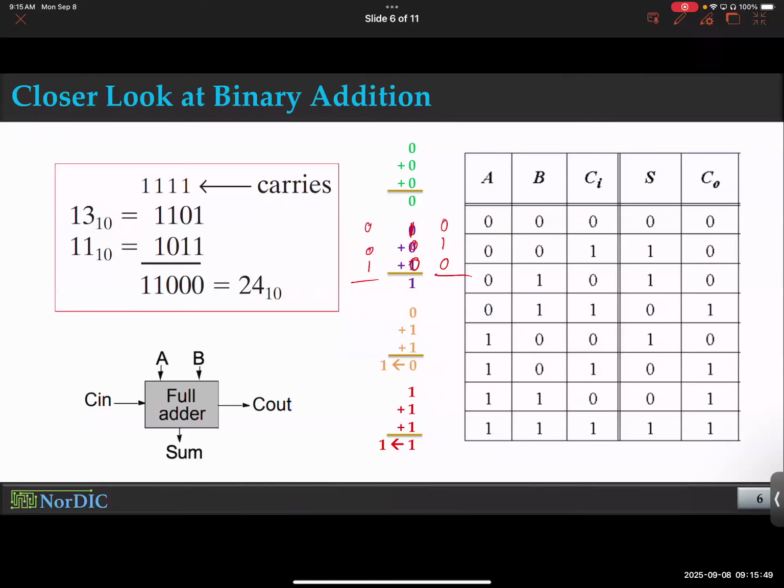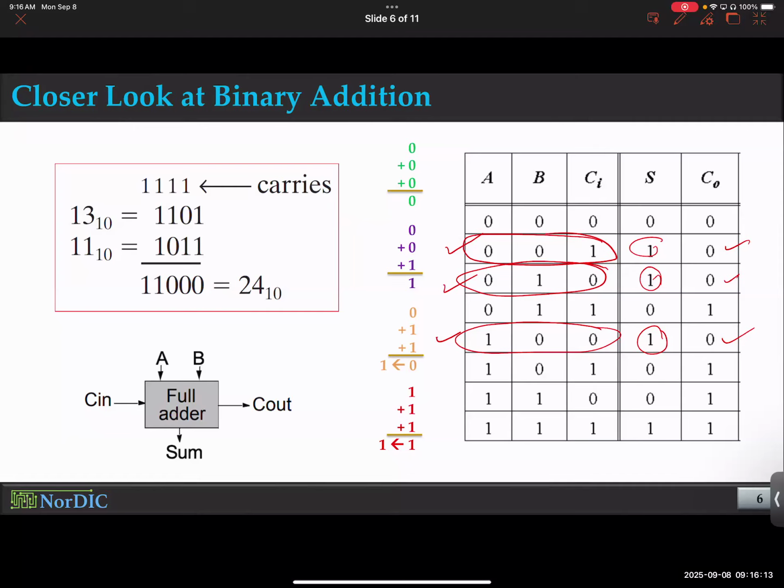Okay? And that means your sum is going to be 1 and carry is going to be 0 all the time. So what we do here, we identify the cases like this, just one 1. So this is one case, this is another case, this is another such case. And notice we just put sum equals 1 and carry equals 0 for all three cases. That's how you populate it.